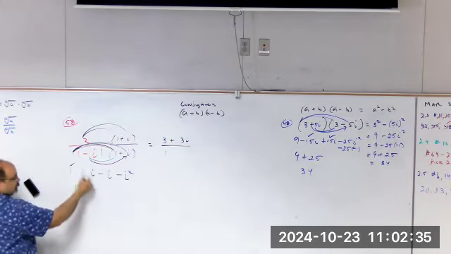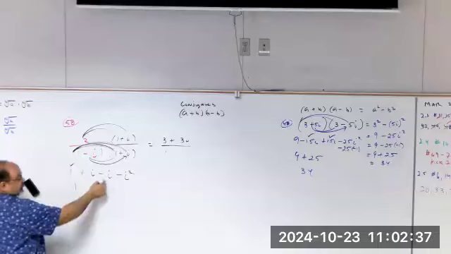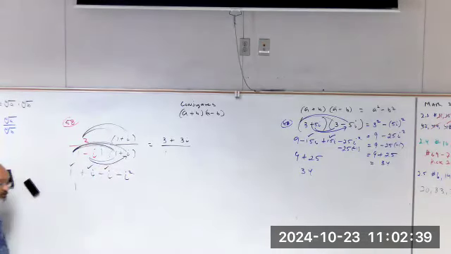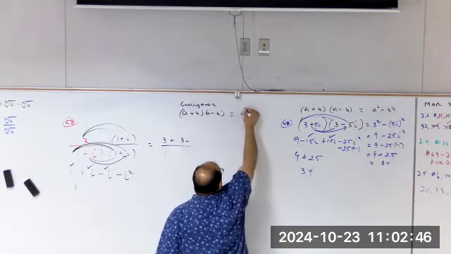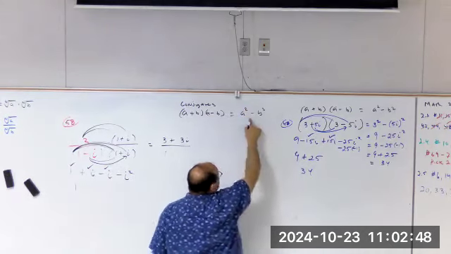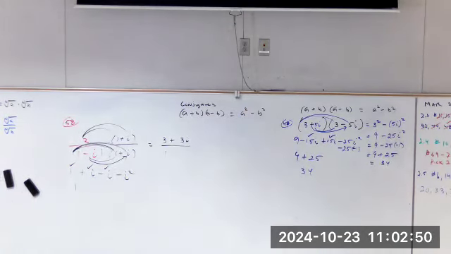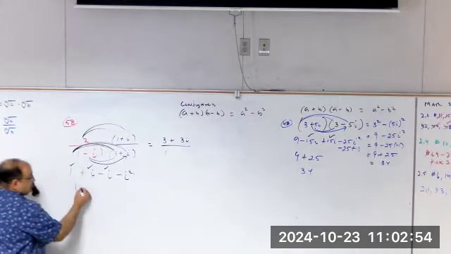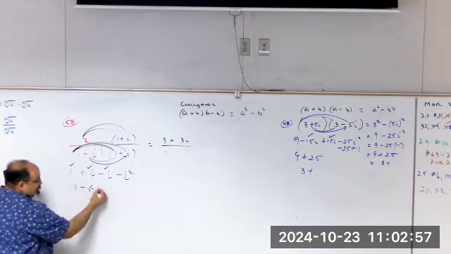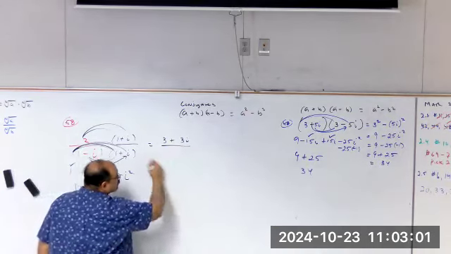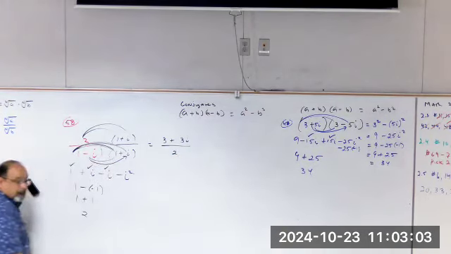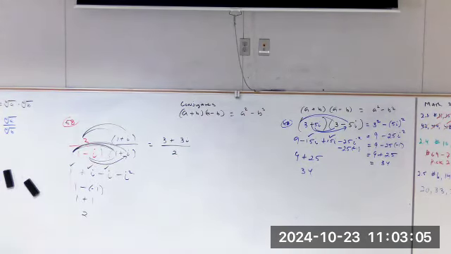Now, these two add up to 0. When we do conjugates, you should always get 0 in the middle. That's why we get a squared minus b squared. And then minus i squared, remember, is negative 1. So we end up with 1 plus 1, which is a 2 down here. That's the answer.